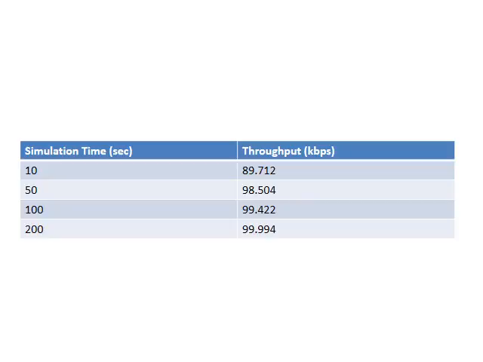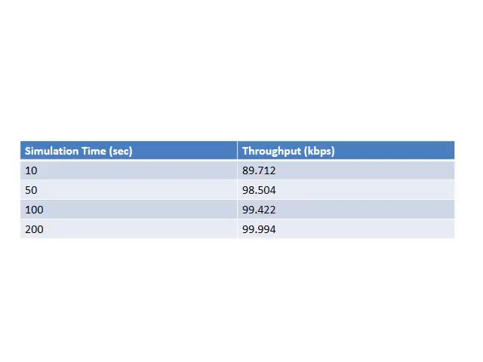Using NetSim, we ran simulations for different simulation times: 10 seconds, 50 seconds, 100 seconds, and 200 seconds. As discussed in the earlier slide, our throughput did increase with increase in simulation time. For 10 seconds, throughput is 89.712 kilobits per second.